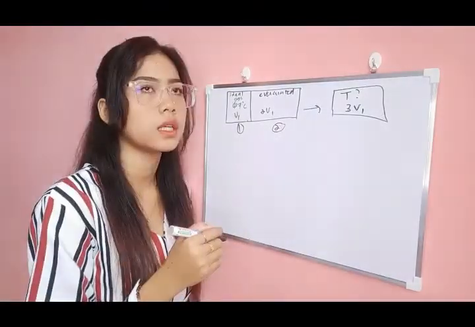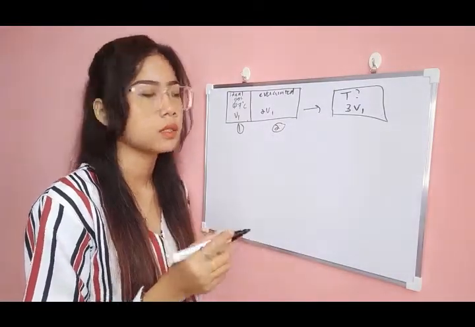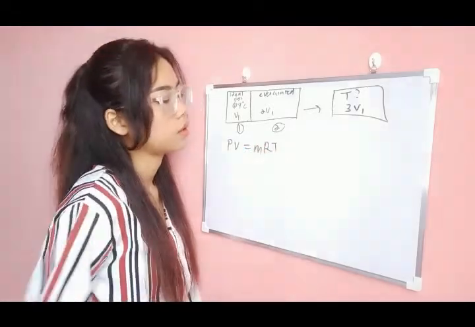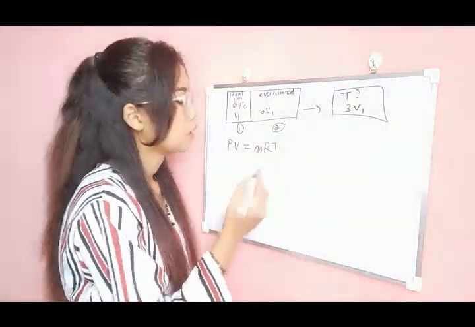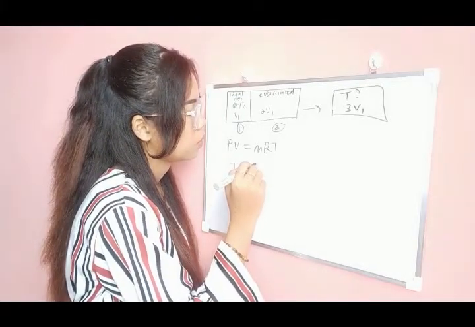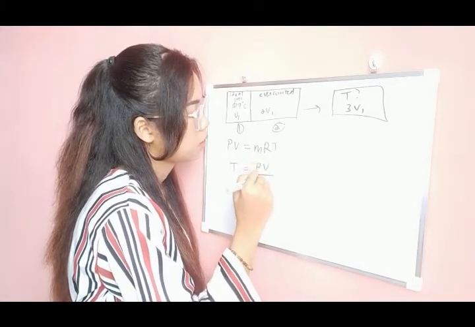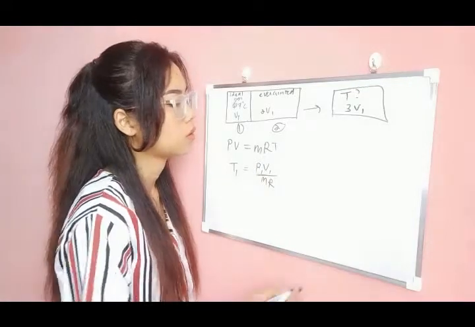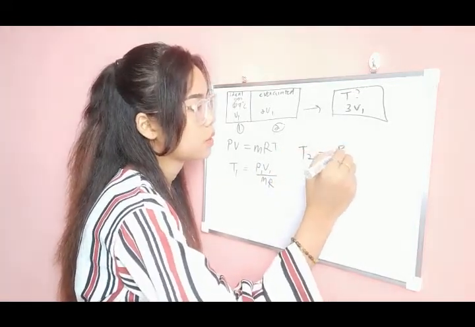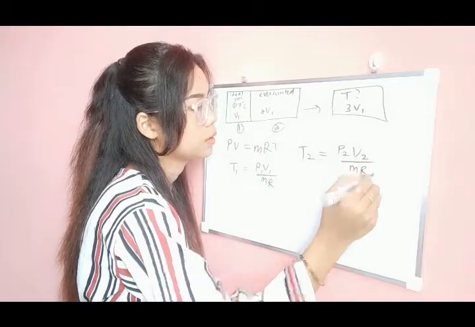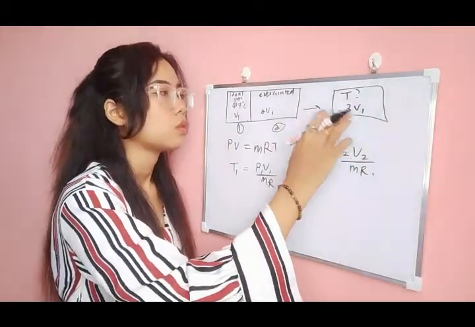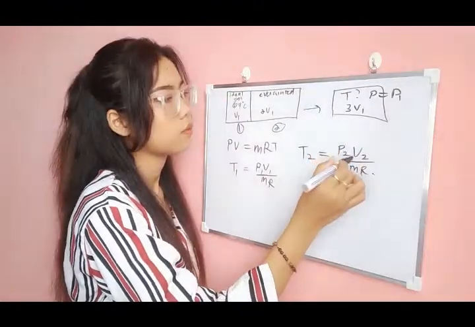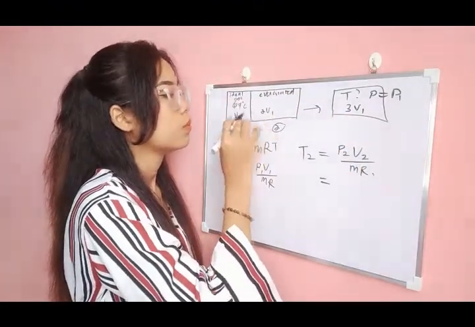By using the ideal gas formula, which is the same as the first question, PV equals MRT, if we rearrange this, we get T equals PV over MR. So T1 equals P1 V1 over MR, and T2 equals P2 V2 over MR. The pressure P2 is the same as pressure P1, and the volume is 3 times V1 because 2V1 plus V1 is 3V1.